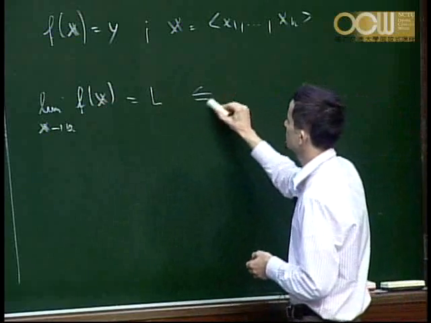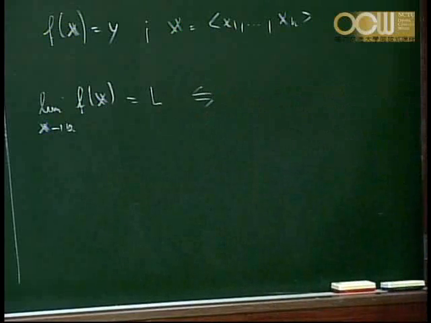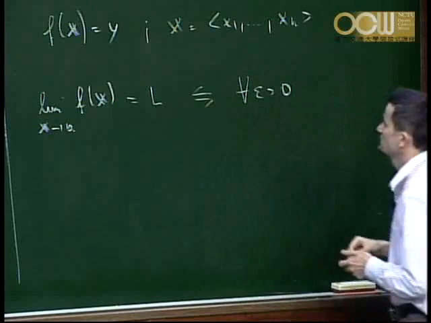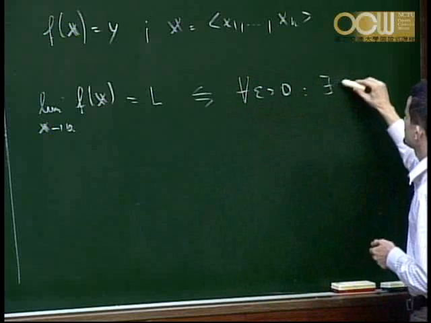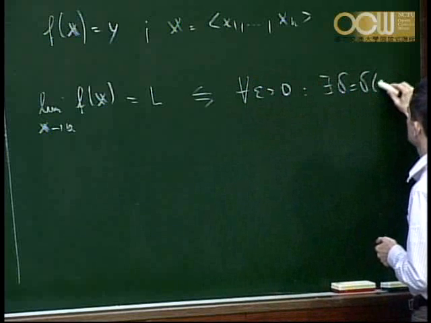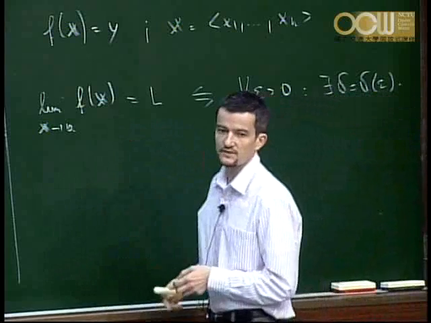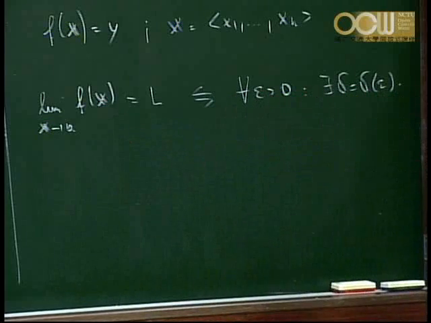And what we mean by this is the usual epsilon-delta definition. For all epsilon larger than 0, there exists a delta, which might depend on epsilon, such that, if we use vector notation, things look pretty similar to last semester.